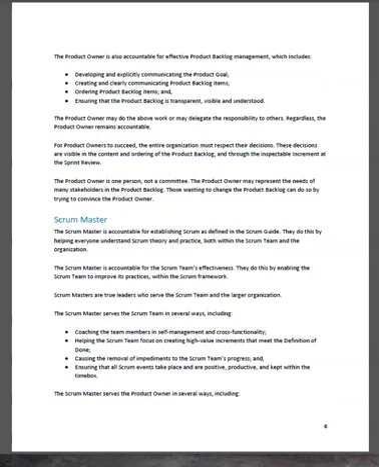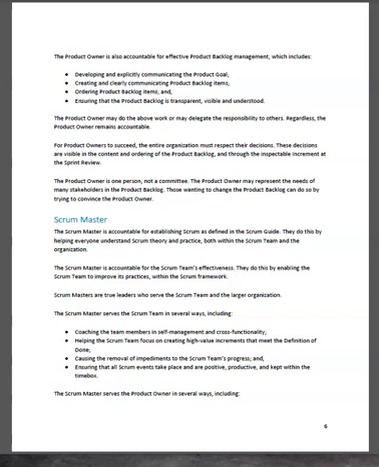The product owner is also accountable for effective product backlog management, which includes developing and explicitly communicating the product goal, creating and clearly communicating product backlog items, ordering product backlog items, and ensuring that the product backlog is transparent, visible, and understood. The product owner may do the above work or may delegate the responsibility to others. Regardless, the product owner remains accountable.